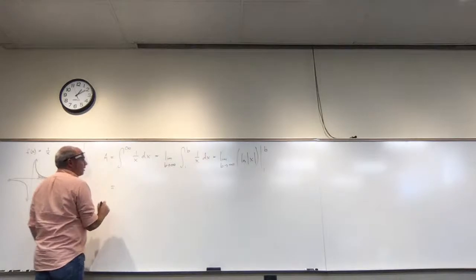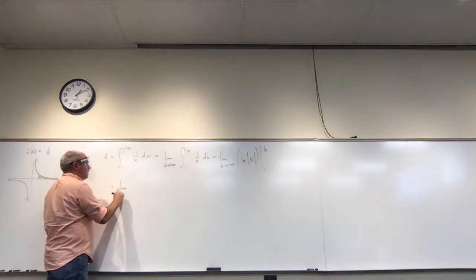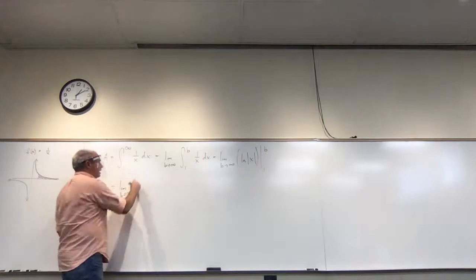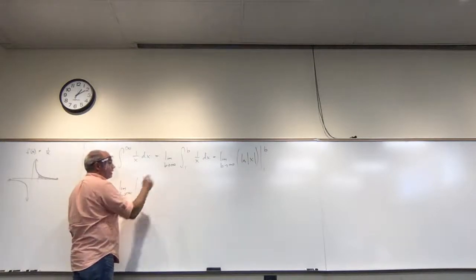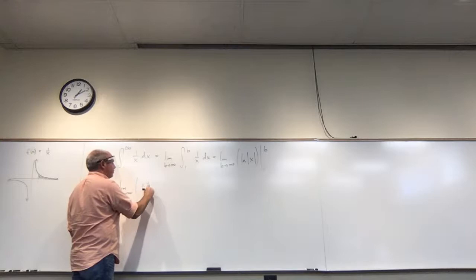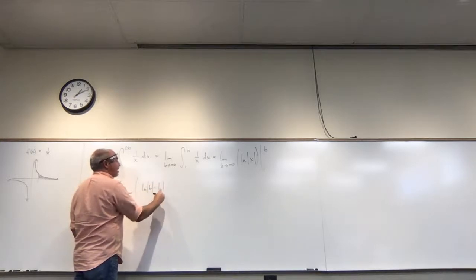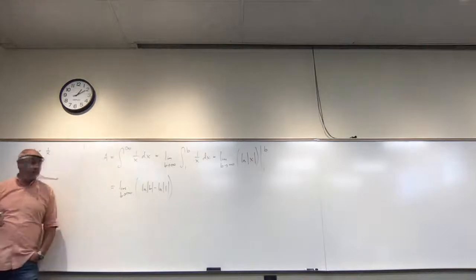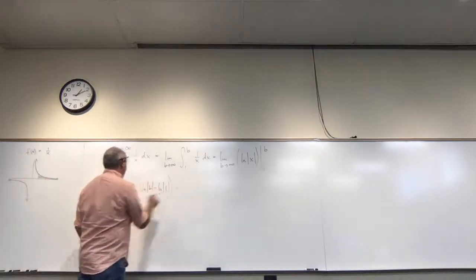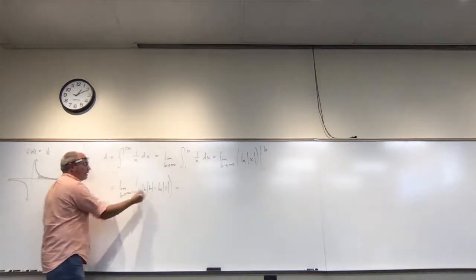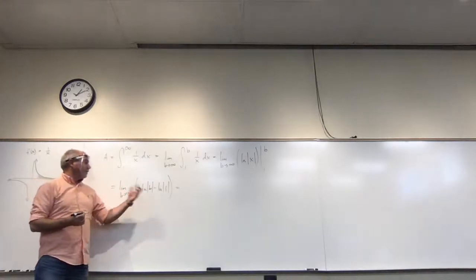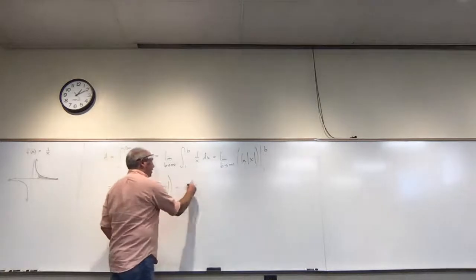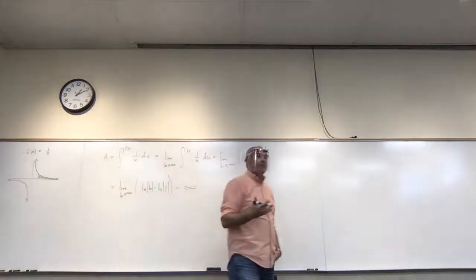So we get the limit as b goes to infinity of ln of absolute value of b minus ln of absolute value of 1. Ln of 1 is just 0. So we just get the limit as b goes to infinity of ln of b. But ln of infinity is infinity. So I get infinity and this thing diverges.